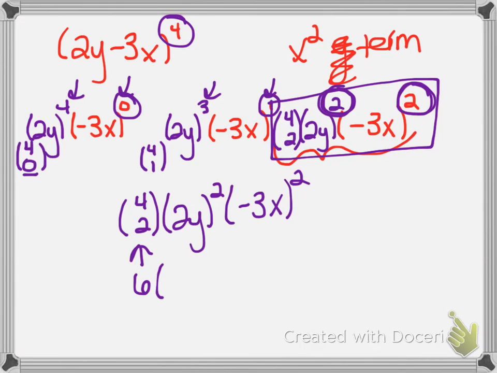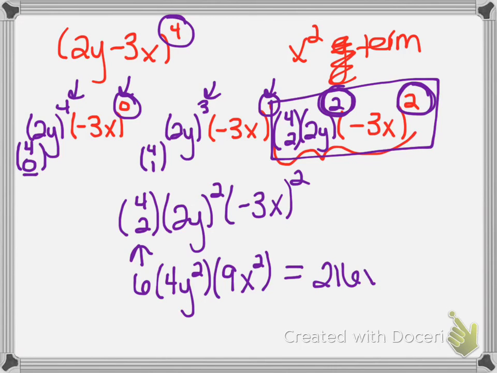And then the 2y, when it gets squared, would become 4y squared. And then the negative 3x, when it gets squared, is going to become positive 9x squared. And so the term we would be looking for would be 216 y squared x squared, which was the term we got in that full expansion last time.